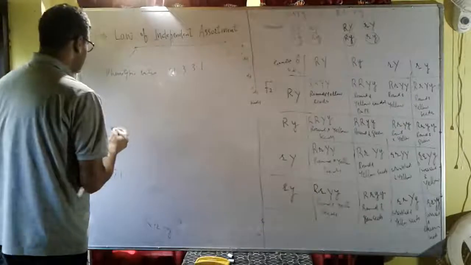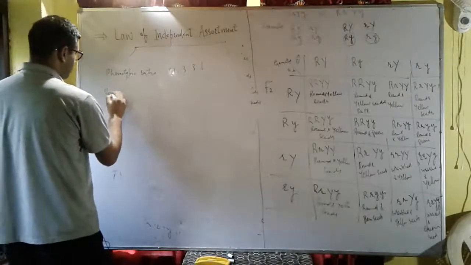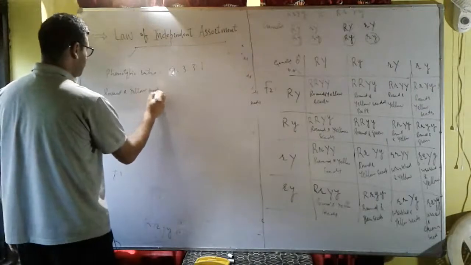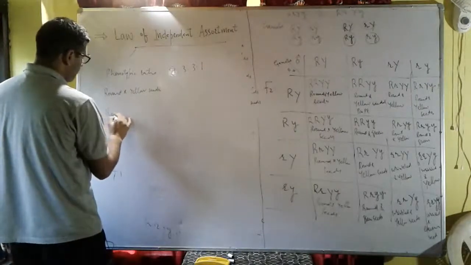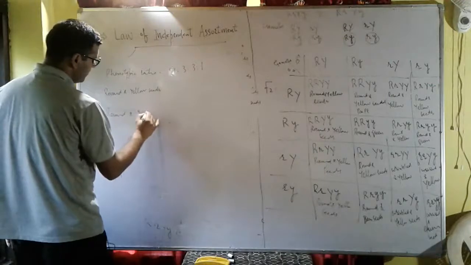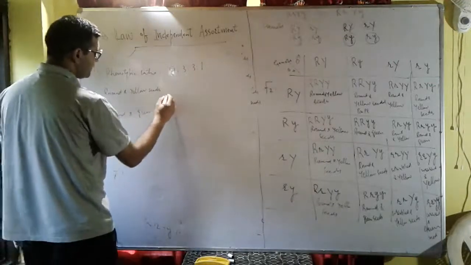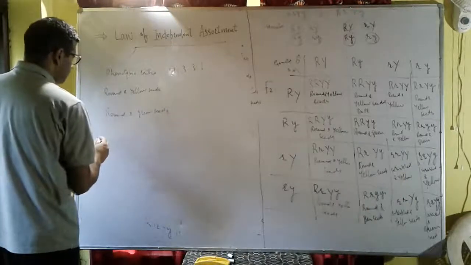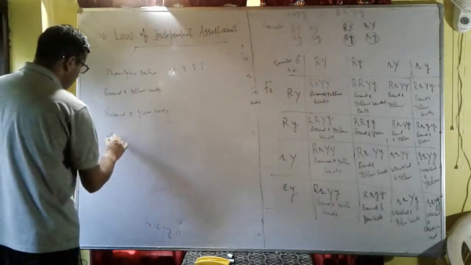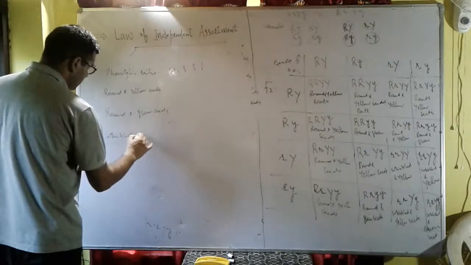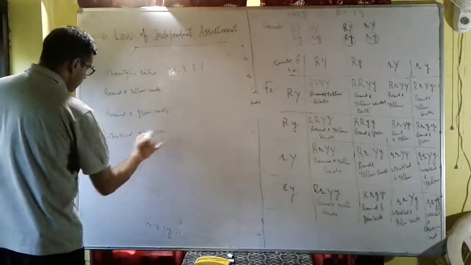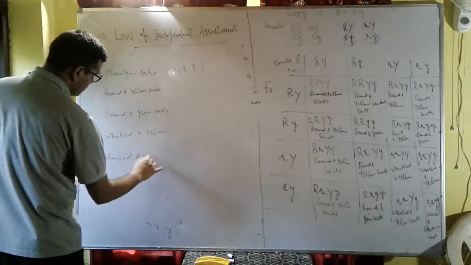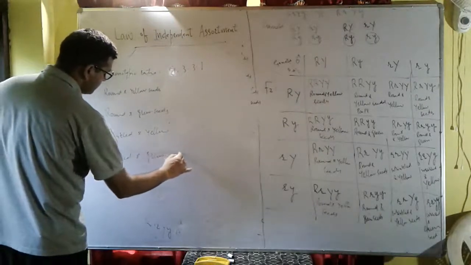That means we have round and yellow seeds, round and green seeded pea plant, then wrinkled and yellow, and wrinkled and green seeded pea plants.